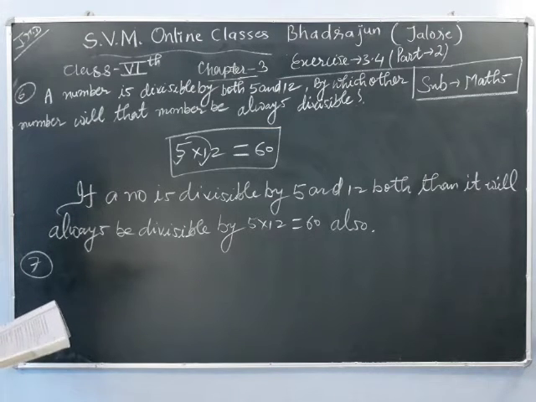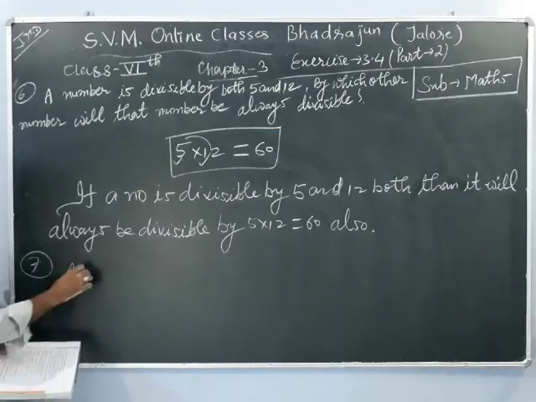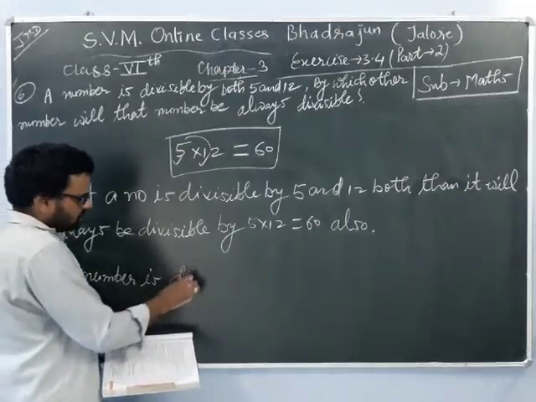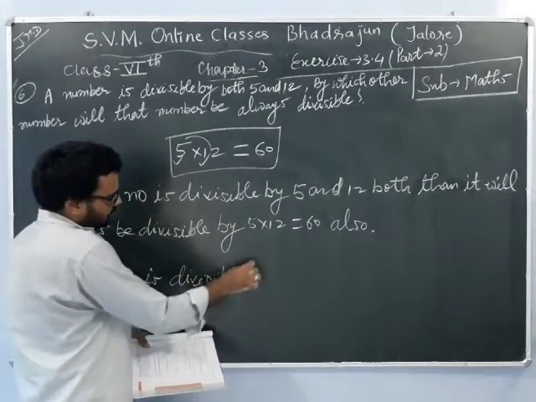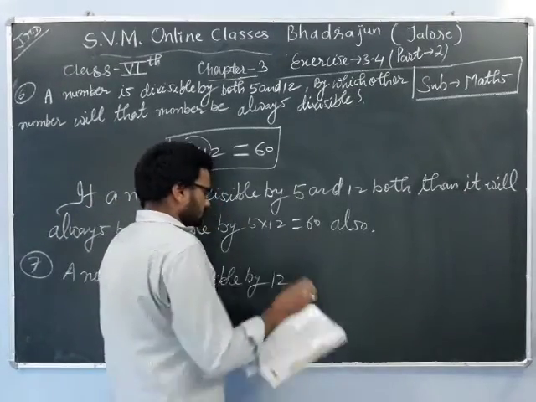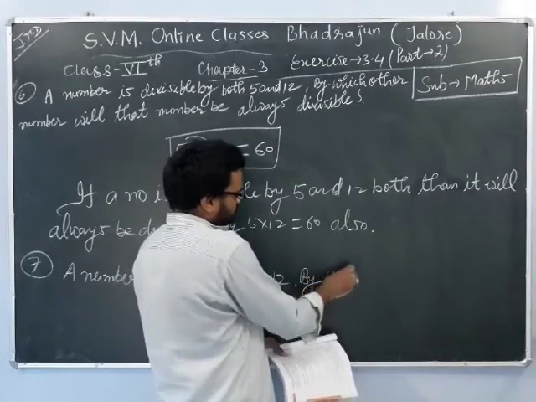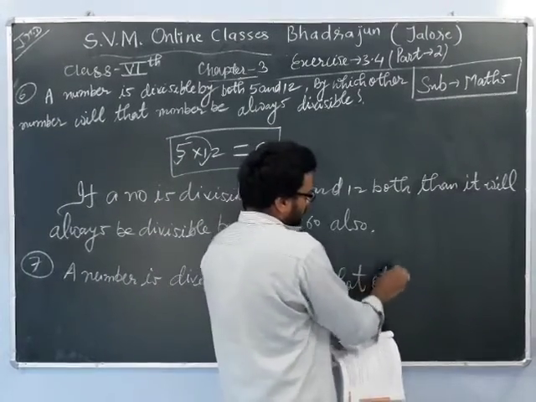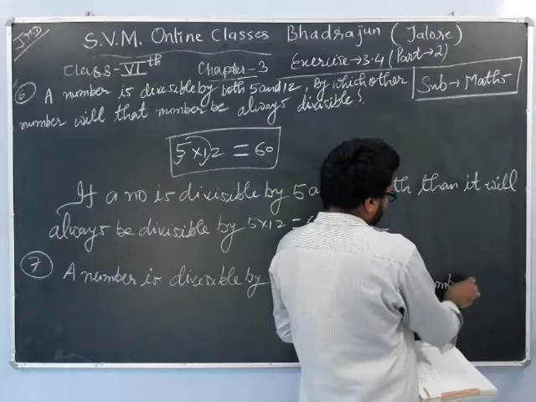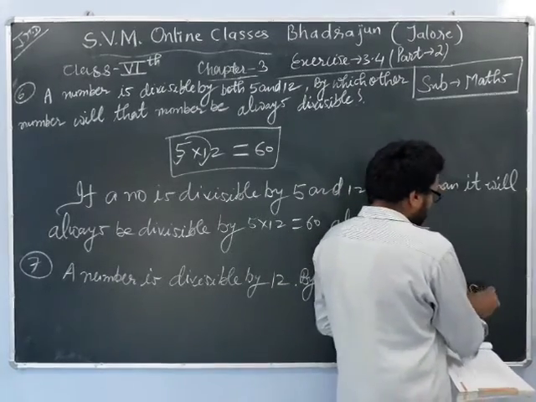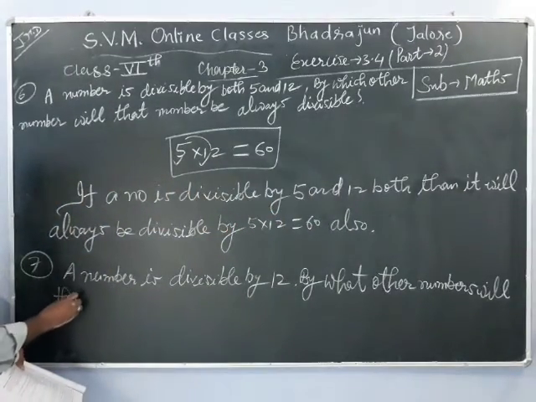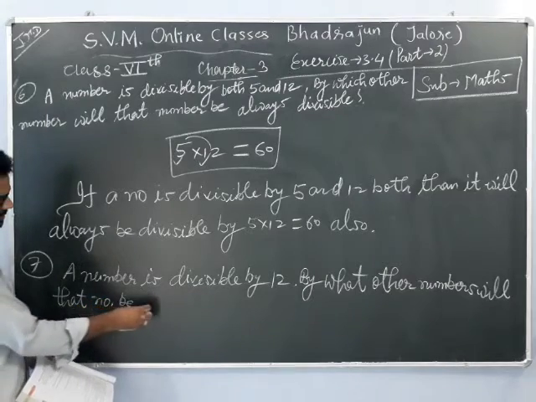By what other number will that number be divisible?